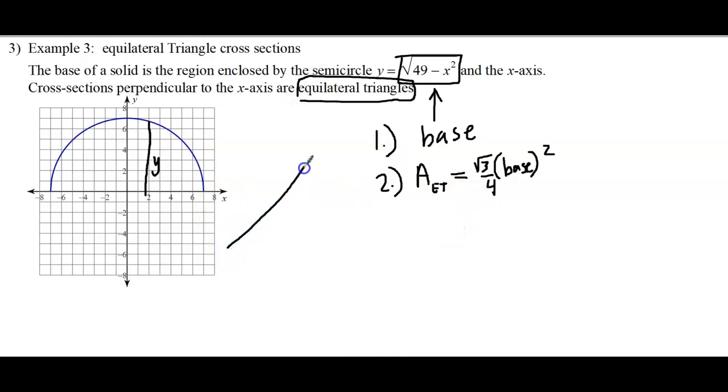Now, if I were to draw a three-dimensional picture, which once again, I would encourage you guys to try this. You don't have to. You could totally do these problems without doing this. But if you were to draw this as a three-dimensional shape, it's going to come out looking something like that. And if you stacked an equilateral triangle on top, it might look something like this, right?